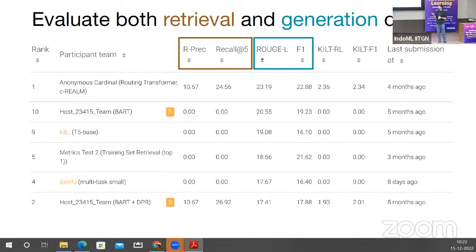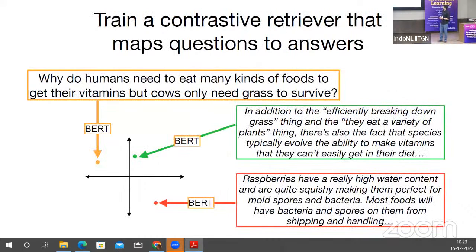So this Rouge score might be familiar to some of you who have worked on summarization before. It's essentially measuring the string overlap between the generated answer and a reference answer, which might be some Reddit-based answer.